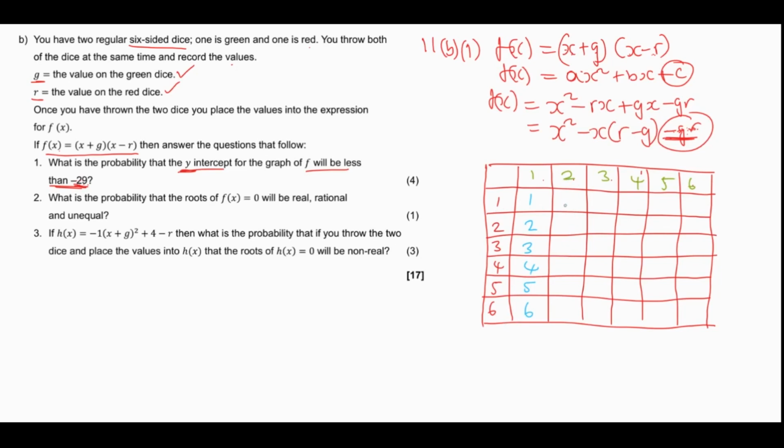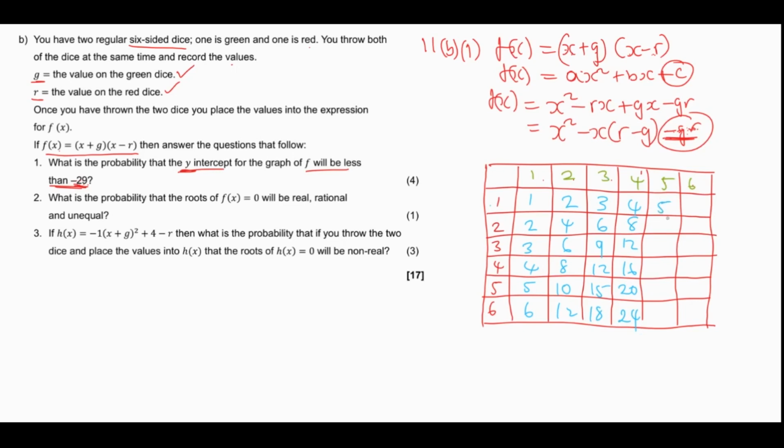Right, 2 times 1. It's like counting in twos here. It's 2, 4, 6, 8, 10, 12. Then 3 times 1, 3 times 2, 3 times 3. It's like counting in threes. So it's 3, 6, 9, 12, 15, 18. Like counting in fours here. 4, 8, 12, 16, 20, 24.